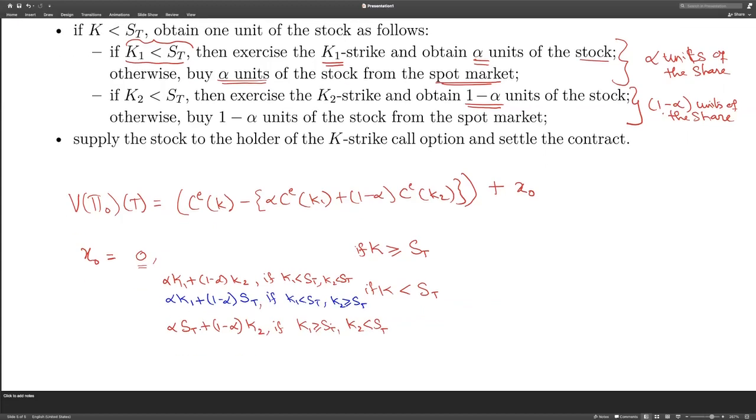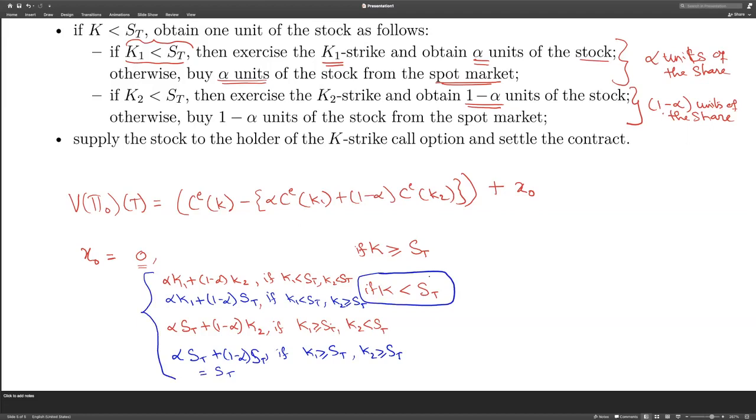And finally, what is the final case? If both the K1 strike and the K2 strike are not favorable to you, then for both of these you would have gone to the spot market and bought the stock. That is 1 unit of the stock from the spot market you would have bought, right? So this is all you would have done in the case of K less than ST, right?